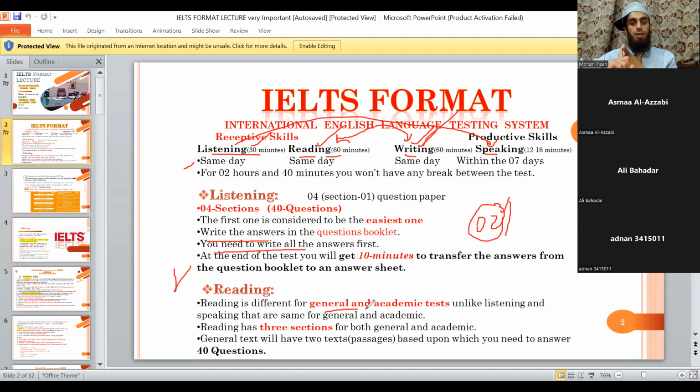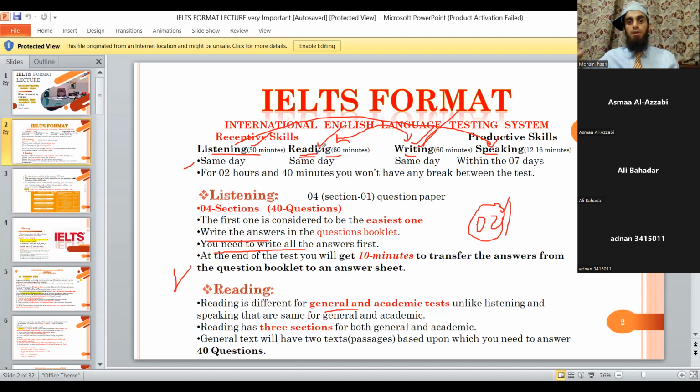In the reading module, the only difference lies within the passage. The passage would be different, but the questions are going to be of the same kind, like matching headings, yes, no, not given, true, false, not given. These kinds of questions are going to be asked within the reading module. But as far as the passage is concerned, for general there will be a different passage, and for IELTS academic there will be a different passage.